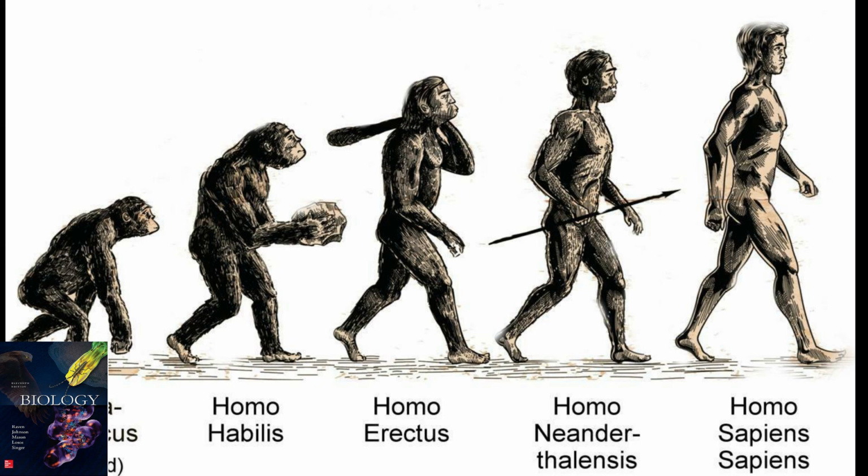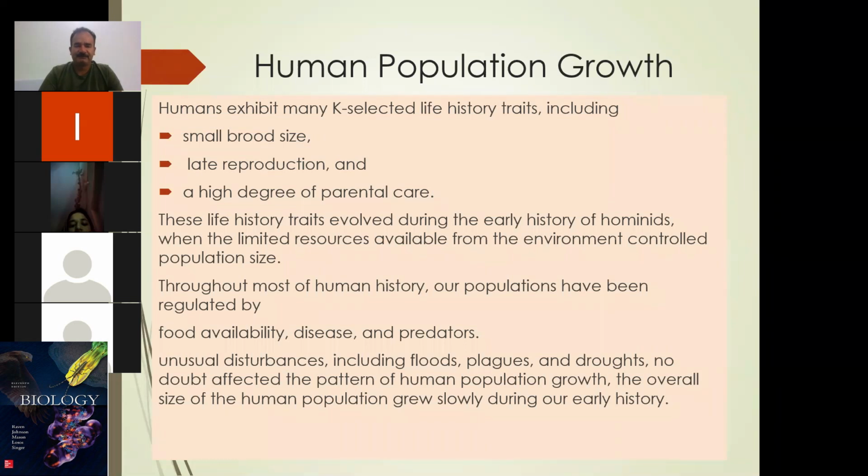In early history, human population was regulated by the availability of food. At that time, cereals were very limited, and mainly man was feeding on animals and fruits. Later on, man started to domesticate plants and animals. At early stages, food availability, disease, and predators were regulating the human population.